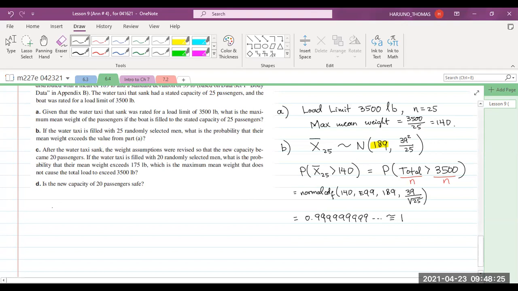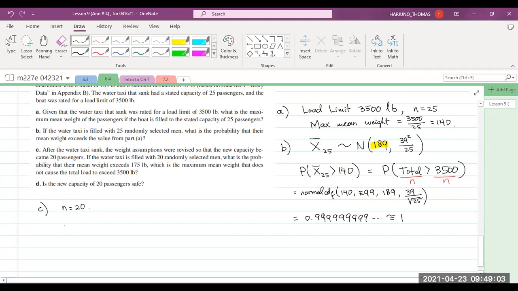Okay. Now part C. After the water taxi sank, the weight assumption was revised so that the new capacity becomes 20 passengers. So the new capacity is now 20. So N now becomes 20. If the water taxi is filled with 20 randomly selected men, what is the probability that their mean weight exceeds 175, which is the maximum weight that does not cause the total load to exceed 3,500?